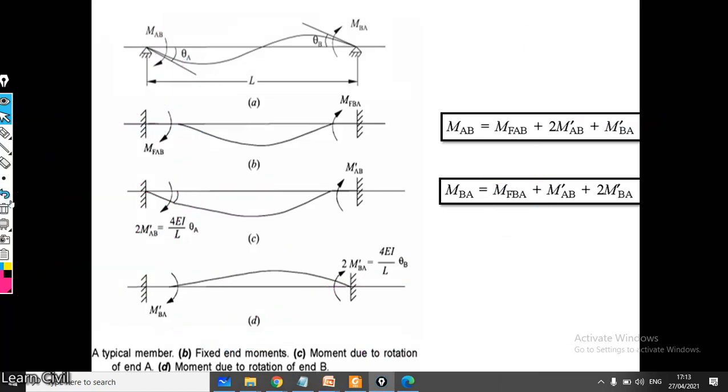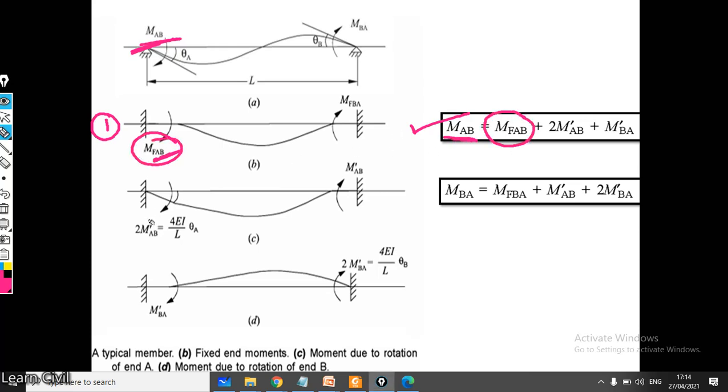I'll explain this again. You can see here what we have done. For this particular member AB, which is subjected to some loading, the first reason for development of bending moment will be the fixed end moment. Therefore, the final end moment AB is given by this particular equation in Kani's method: MAB is equal to the fixed end moment AB.